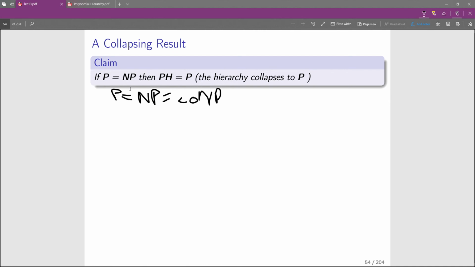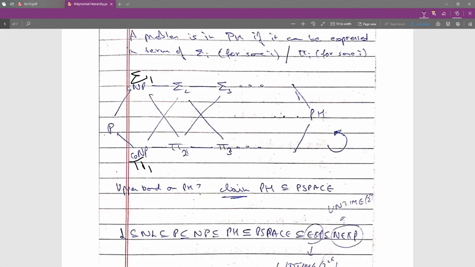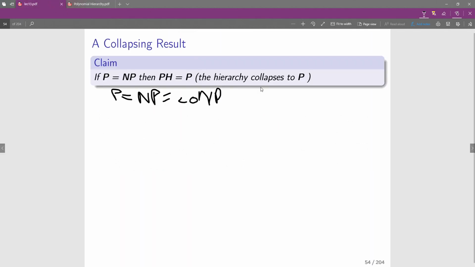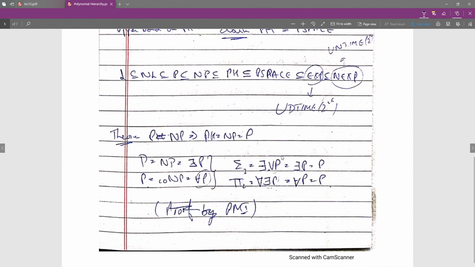So P equals NP implies PH equals P. How do you prove that?